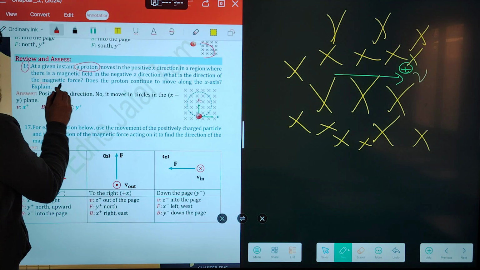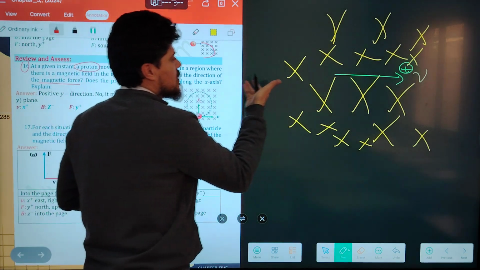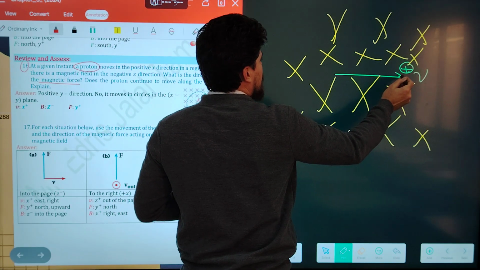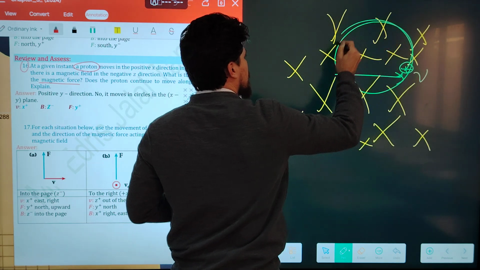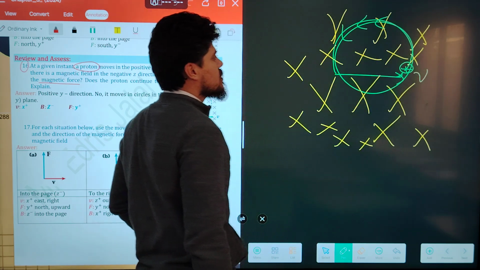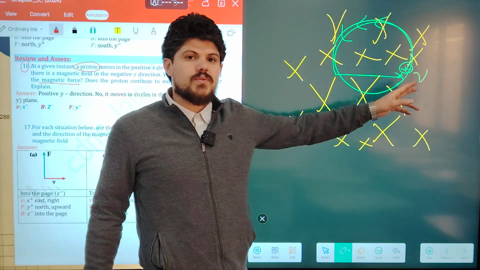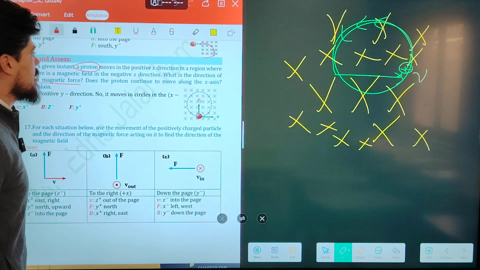What is the direction of the magnetic force? The velocity is directed east, and the force is upward. The charged particle is moving in what? In a circular path. Clockwise or counterclockwise? Counterclockwise. Why? Because the field is into the page. This magnetic force acts in the XY plane, horizontally.